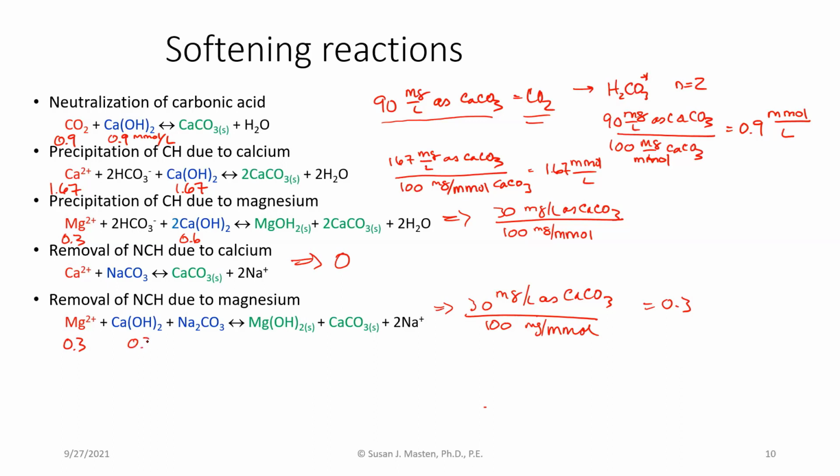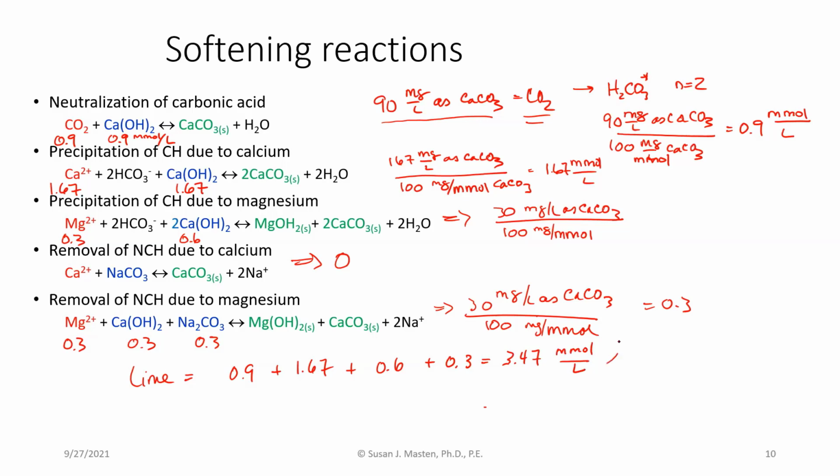We're going to need both lime and soda ash. The amount of lime that we need is equal to 0.9 plus 1.67 plus 0.6 plus 0.3, which is 3.47 millimoles per liter.